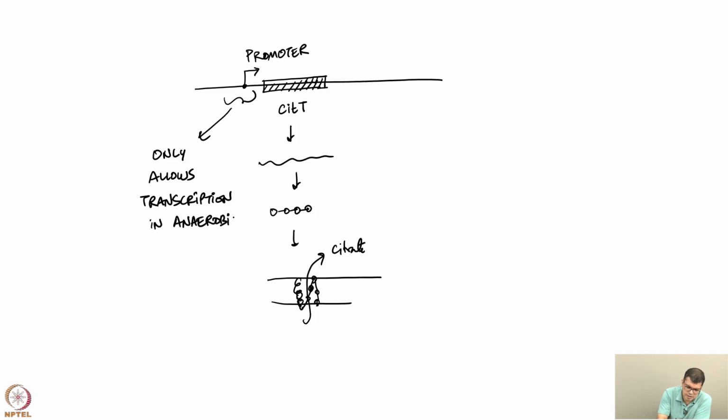As a result, the cells of E. coli in LTEE, they do not make this protein and they do not have the CitT transporter embedded in the membrane, which is bringing in citrate. So, what happened in the line that eventually exhibited the ability to utilize citrate was that this gene was actually duplicated into 2.